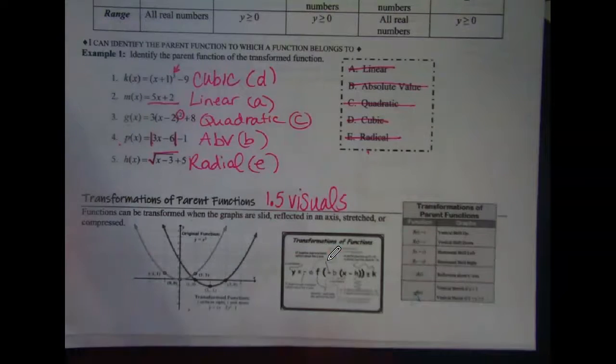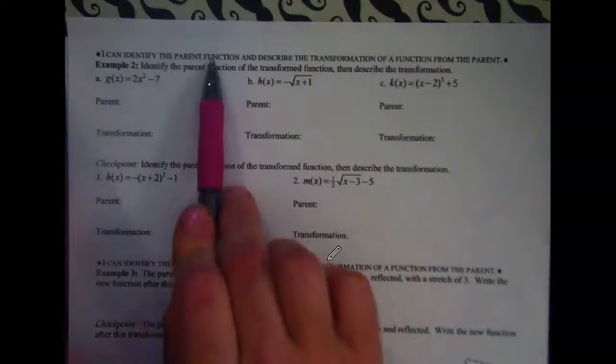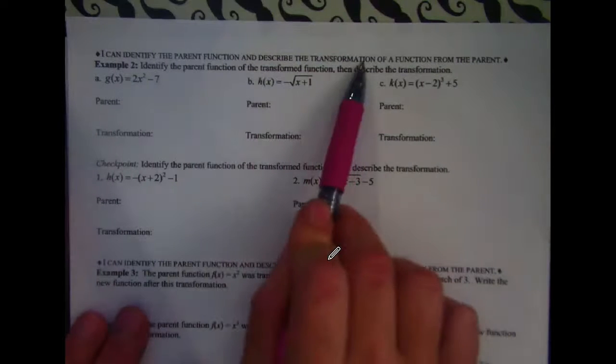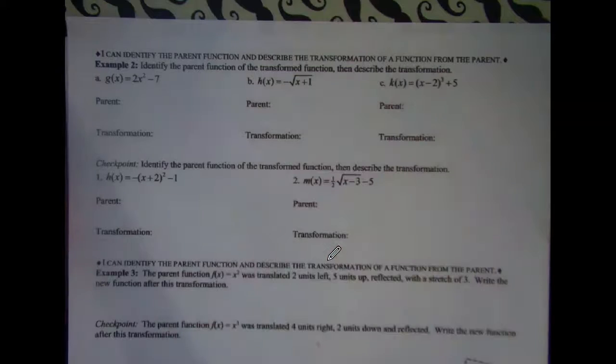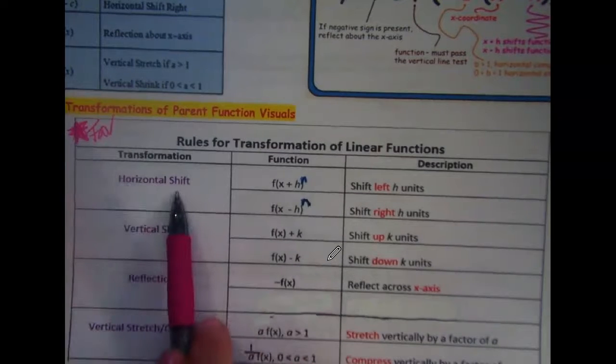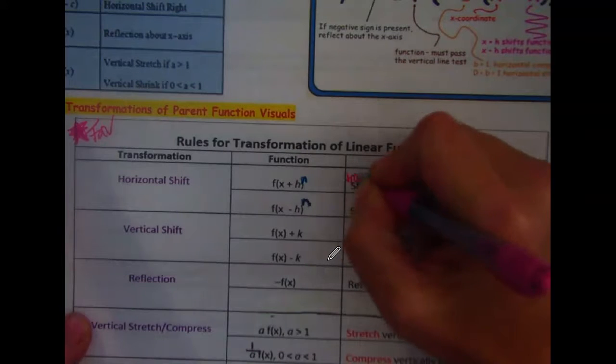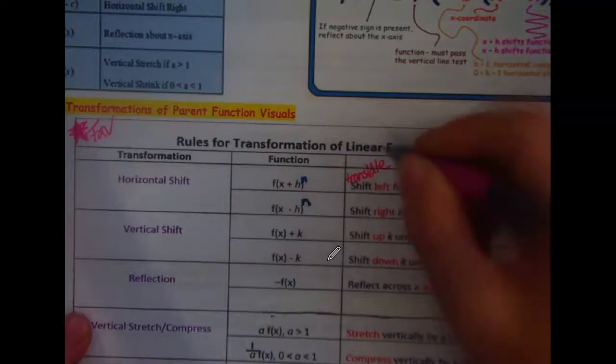So let's turn the page to the second part of our notes, and we're going to look at identifying the parent function and then describing the transformation of a function. This is where this chart is going to come in handy. So, I'm going to use this first one on the first page here, because remember, a horizontal shift, we use the word translate with shift.